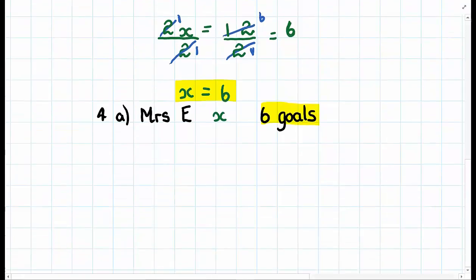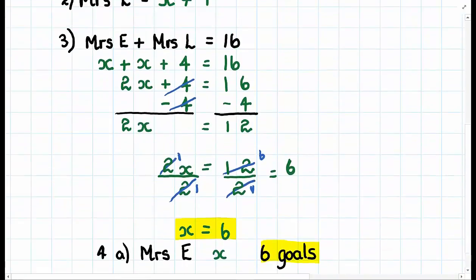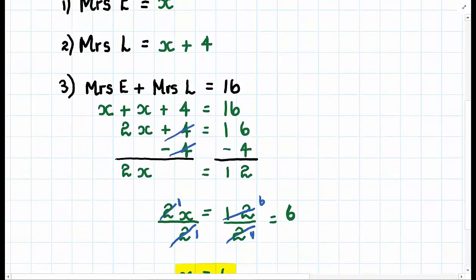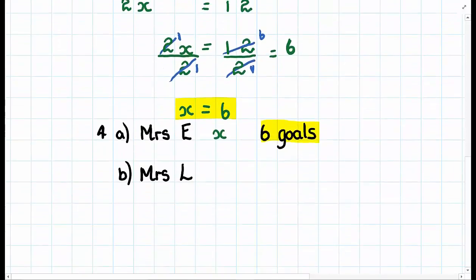Now Mrs. Luxton, let's look at her expression. We'll write it down again. Mrs. Luxton was x plus 4.